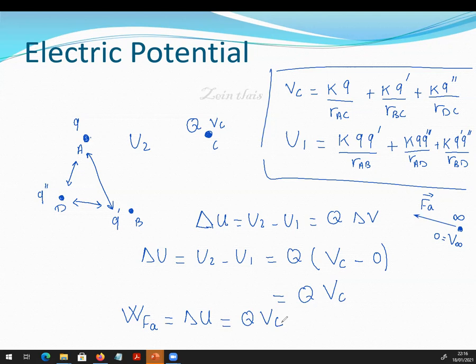Here we have a very important relation. I summarized all these relations by a simple exercise. Okay, we have these charges. I add capital Q. We have a new system. I want to bring the charge from infinity to this point. I know the work done by an external agent equals the delta potential energy of the system between the old one and the new one.